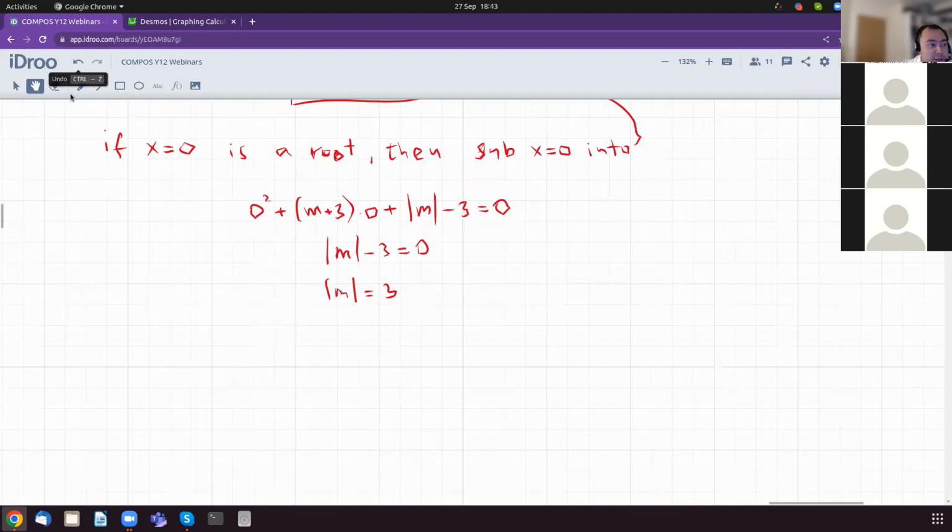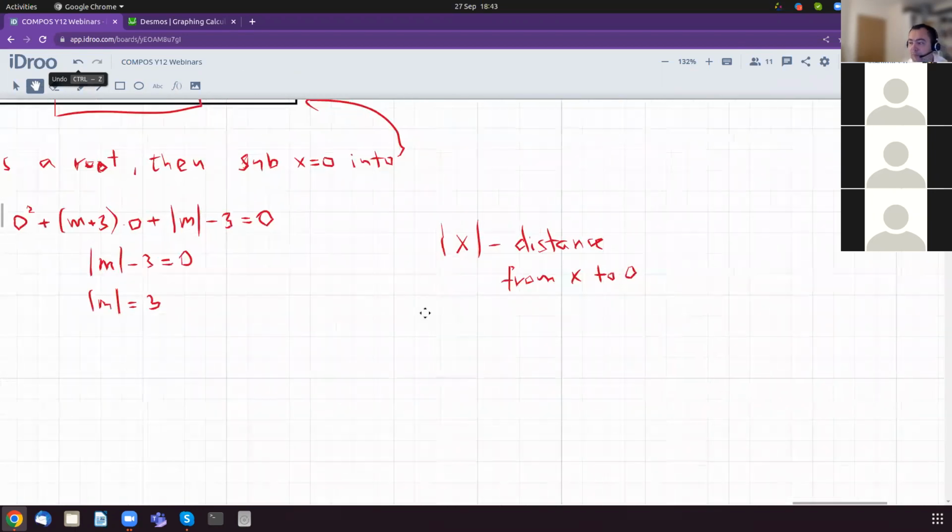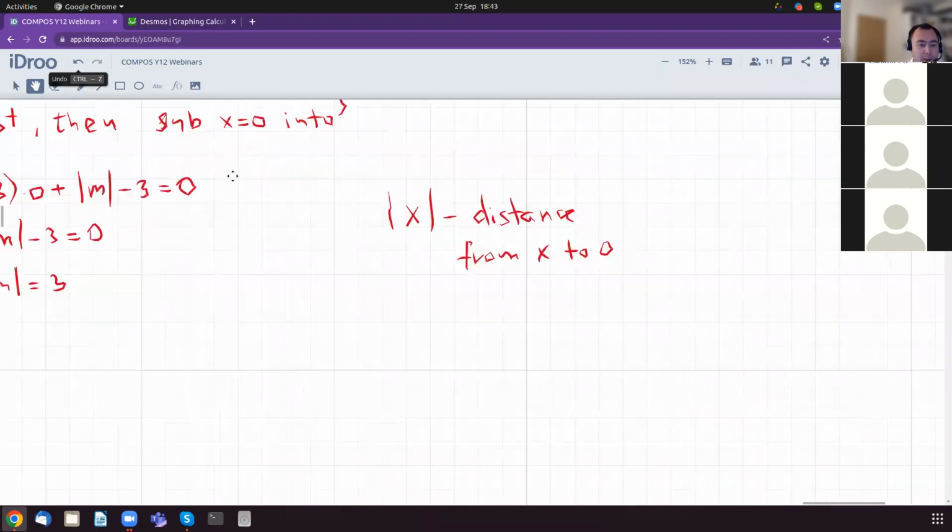Modulus x is the distance from x to 0 on a number line.